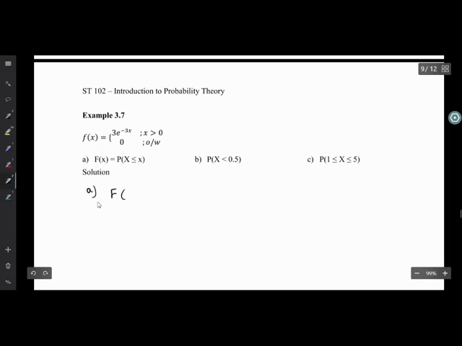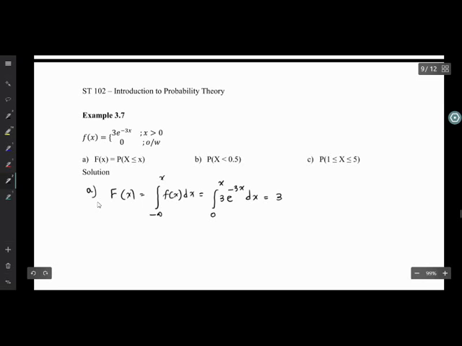How do you find the CDF? You have to integrate from negative infinity up to x, fx dx. And our support starts from 0. So it is 0 up to any x, 3 e to the negative 3x dx.